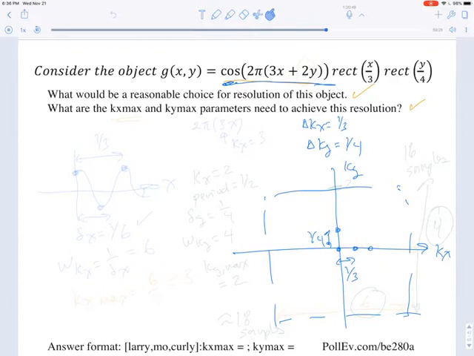In the kx direction, we have something like cosine 2 pi 3x, so this is something with a frequency of kx equals 3, because it's in the form 2 pi kx x. Let me erase this for now.